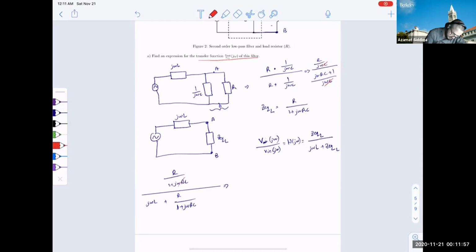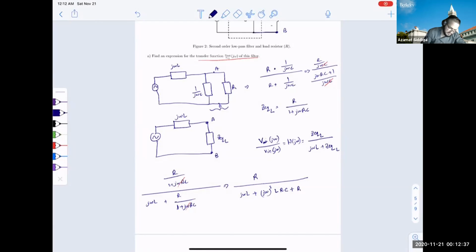You know that this one will cancel out, this one will cancel out, and what I'm going to have is R divided by j omega L plus j omega RC times j omega L. So I know that it just becomes j omega squared times L times R times C, and I have to add an R to it.